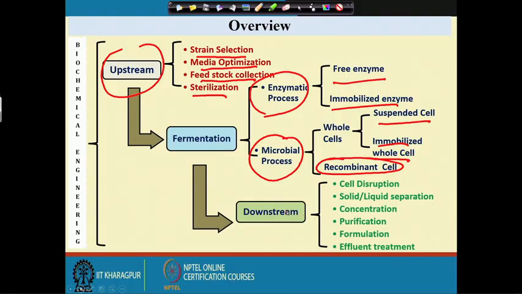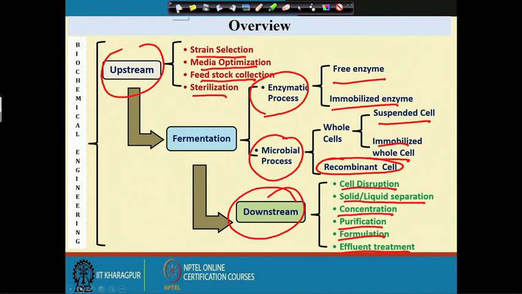I can give the example of insulin production, that is usually done with the help of recombinant cells. And the downstream processing basically deals with cell disruption, solid liquid separation, concentration, purification, formulation, and the effluent treatment. All these different aspects will be discussed in the downstream processing.